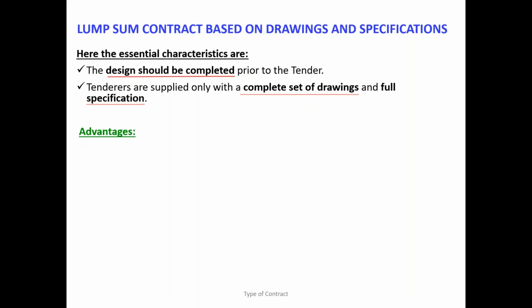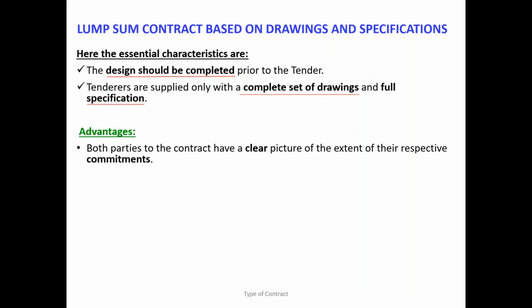Okay, it saves time for preparing the BOQ, right? Very good. What else? Yes, both parties in the contract have a clear commitment. The contractor knows what job is to be done and how much he will get paid. The client also knows what he wants and what he needs to pay the contractor, right? So that is very clear.